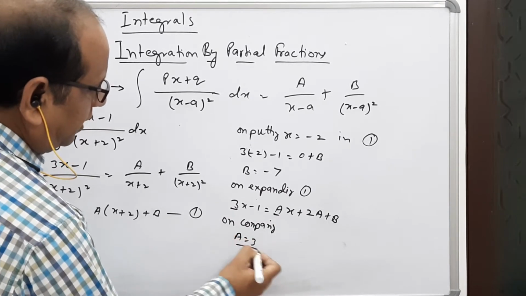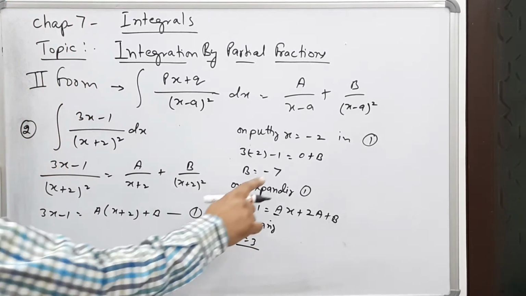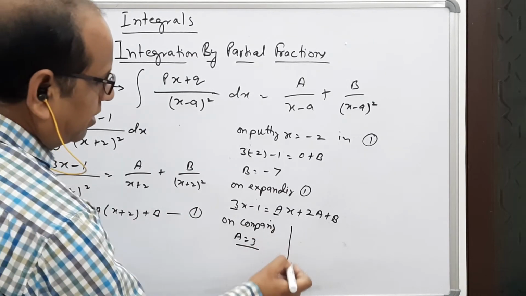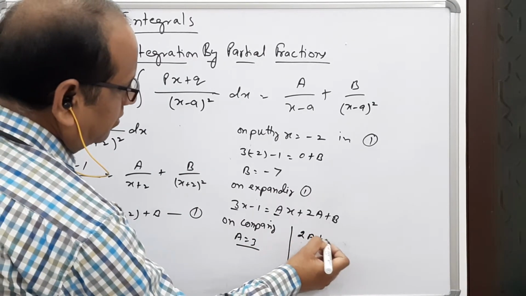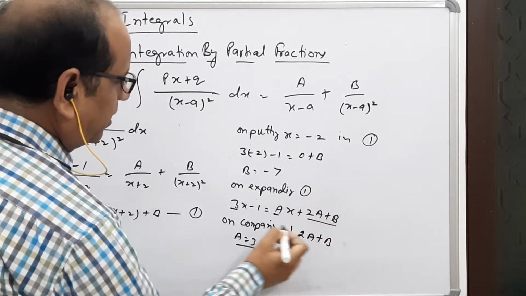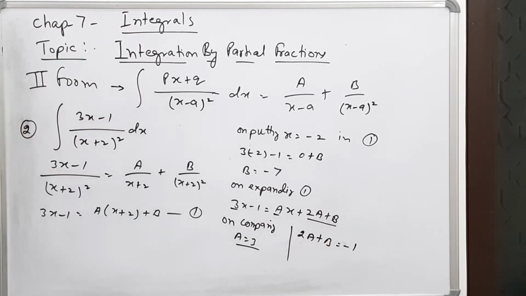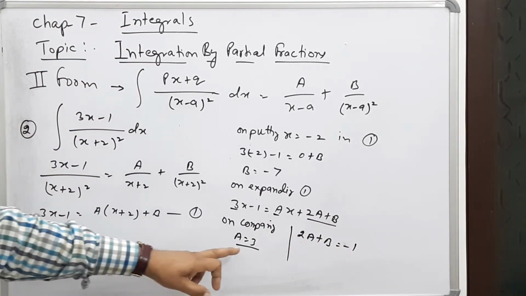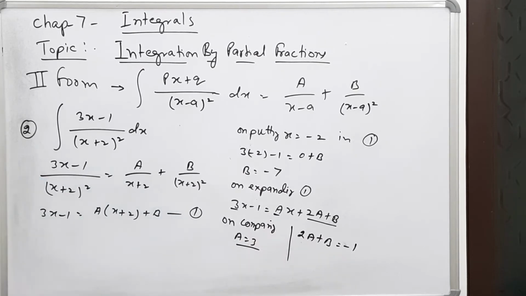So the value of A is 3 and the value of B I already got. When you are comparing, you will get one more relation: 2A + B will be equal to minus 1. And if you put these two values, definitely it will satisfy this relation.